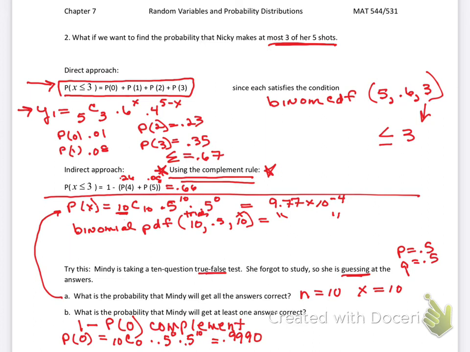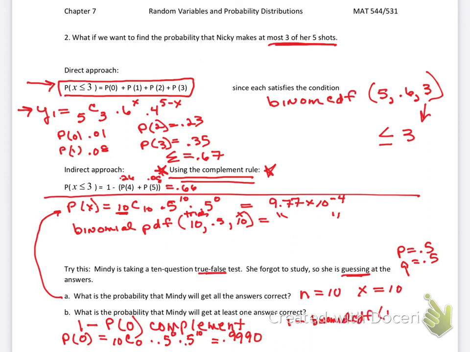How else can I do this? Well, I can use Binomial PDF again, and I'm using the PDF because I'm testing if they're just going to get 0 correct. So I'm going to say 1 minus, but now I'm going to put in Binomial CDF.